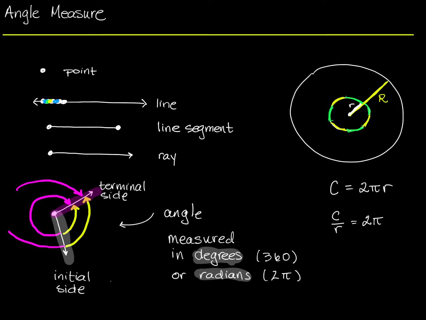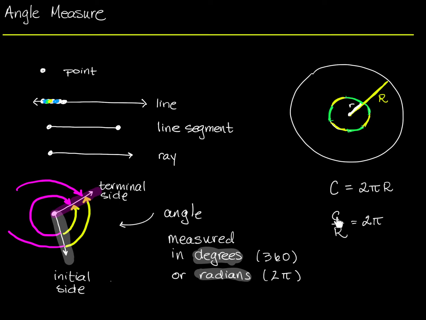It's actually 6.28318553, and so on. Now, if I replace this little r with a big R, I'll get the same relationship. So it doesn't matter what the size of the circle is, doesn't matter what its radius is, the relationship between its circumference and its radius, or the ratio, is always 2 pi.